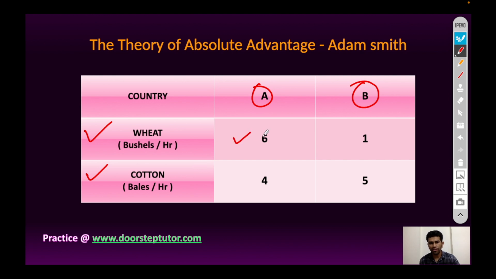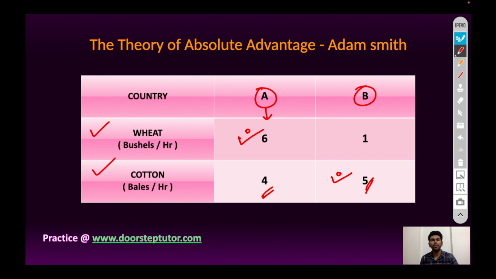For example, if country A produces 6 bushels of wheat in 1 hour and 4 bales of cotton in 1 hour, and similarly country B produces 1 bushel of wheat in 1 hour and 5 bales of cotton in 1 hour, then country A has an absolute advantage in producing wheat and country B has an absolute advantage in producing cotton, because A produces more wheat in less time while B produces more cotton in less time as compared to the other country.